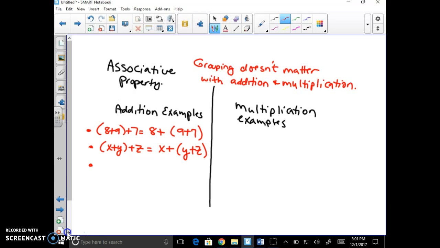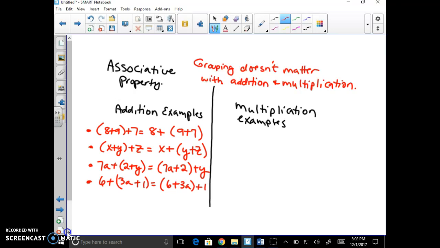Next one, (7a plus 2) plus y equals 7a plus (2 plus y). 6 plus (3a plus 1) equals (6 plus 3a) plus 1.